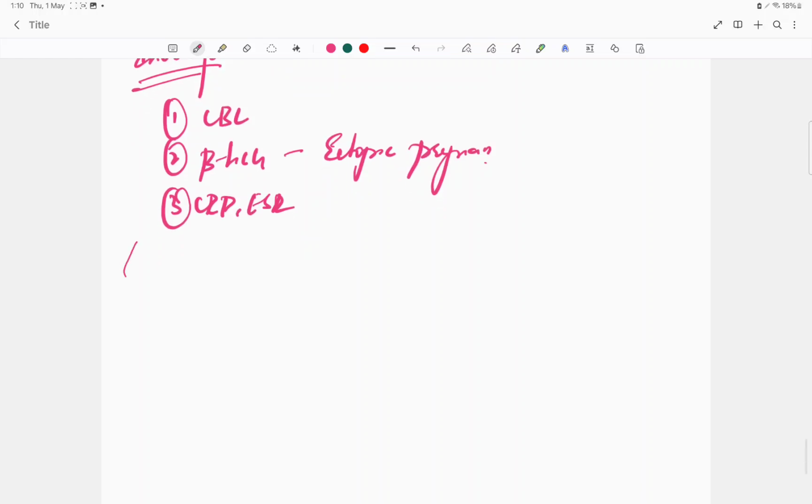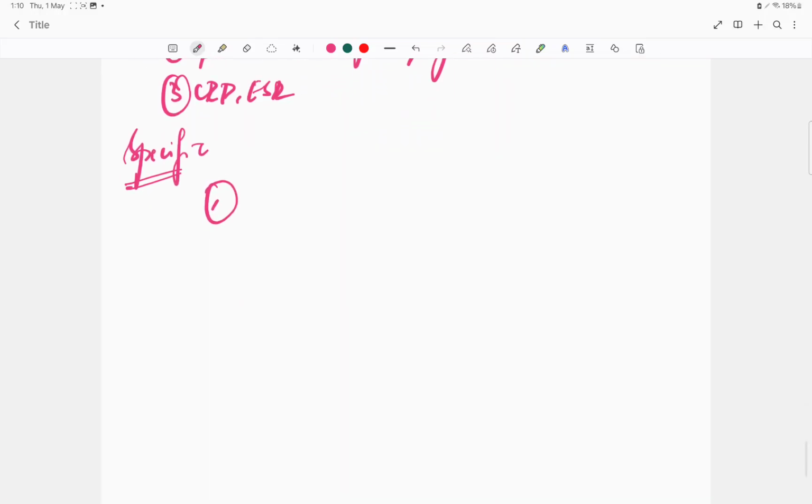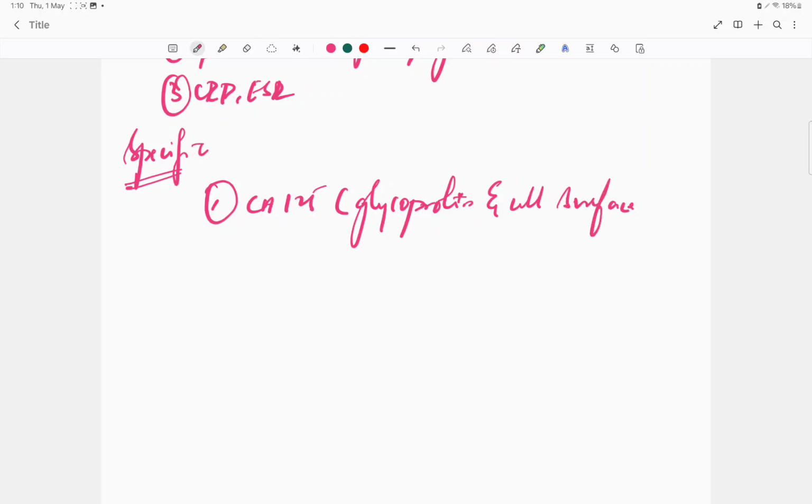Now the specific tests, which they have asked in exams. The first one is CA125. What is CA125? It's a glycoprotein and cell surface antigen. As undergraduate or postgraduate students, the first thing that comes to our mind with CA125 is CA ovary, epithelial cell tumors.